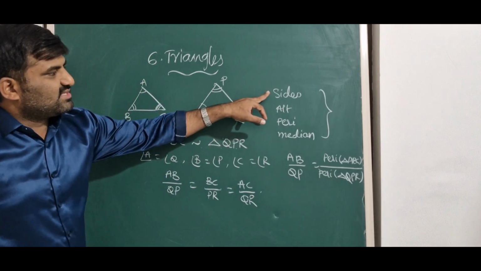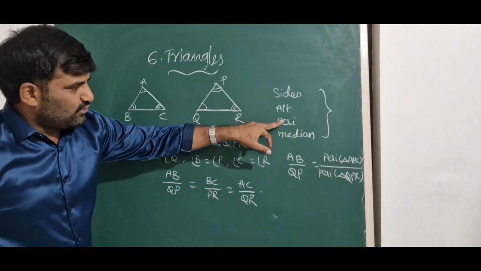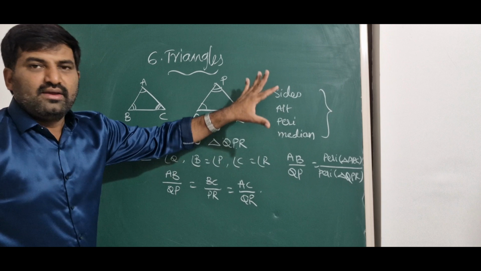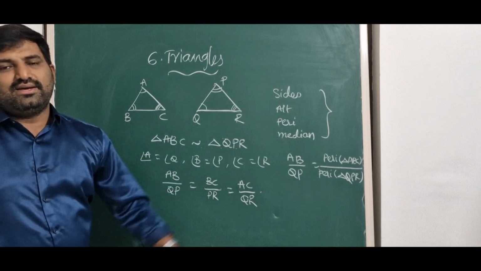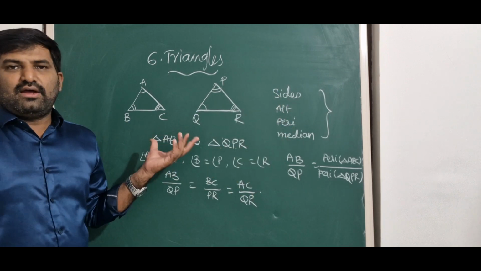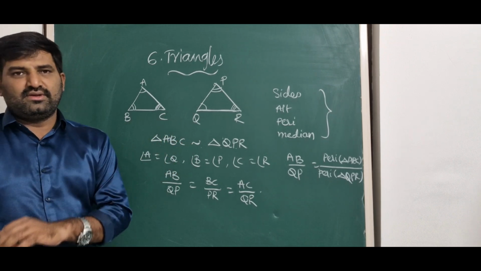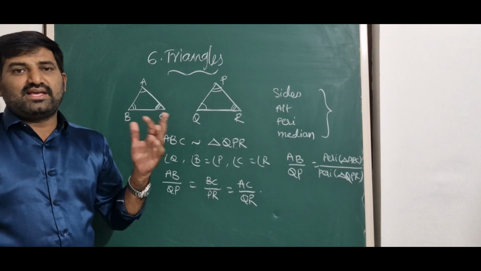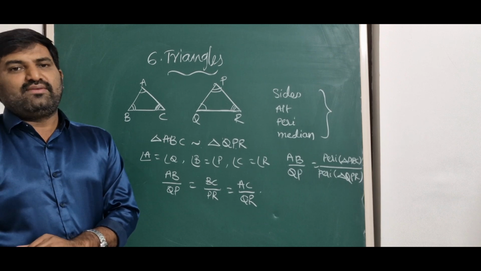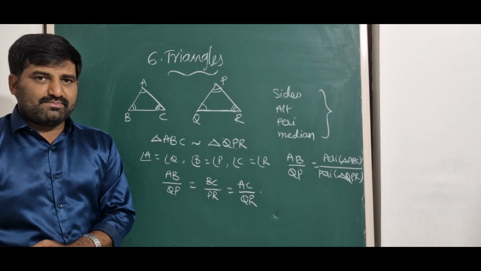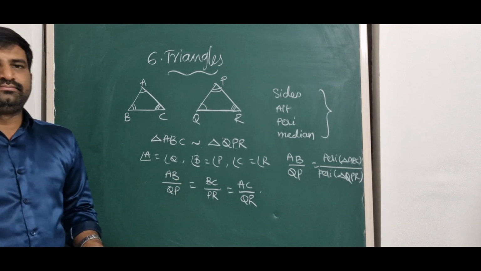Same like that, sides to altitude, altitude to perimeter, or altitude to median, we can write directly. All these are in the same ratio. This is the main and basic topic of similarity. There will be a question on similarity as well as BPT and converse of BPT. We will discuss in detail with examples after this.